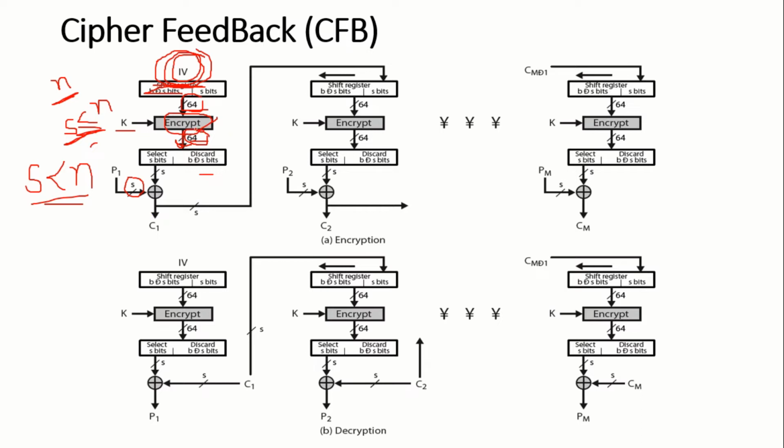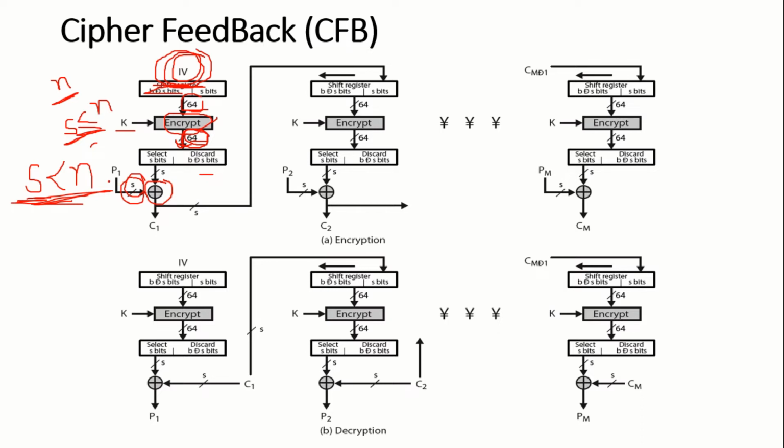So here we are having this 64-bit, and this plain text is of S bit, and we have just seen that this S is less than or equal to n. Now if it is equal to n, that is fine. If this S is less than n, then what we have to do is perform this XOR operation, which needs an equal number of bits in both the operands.